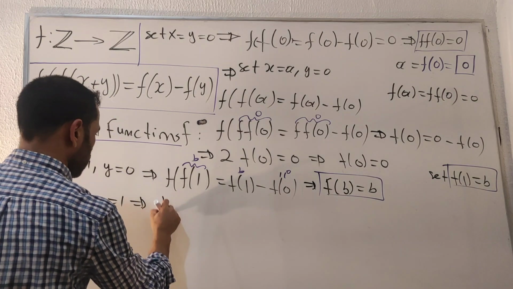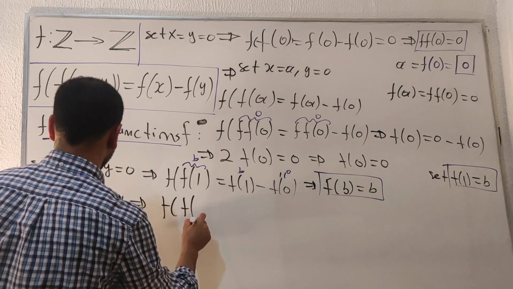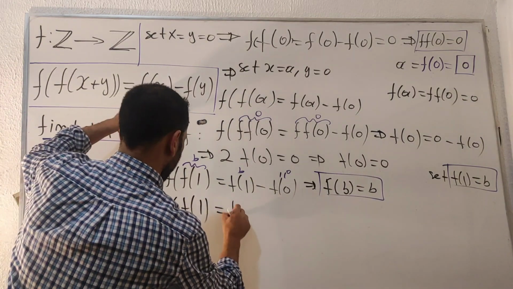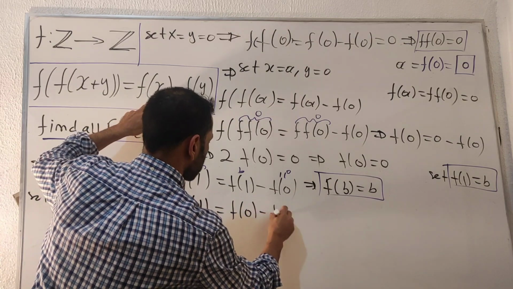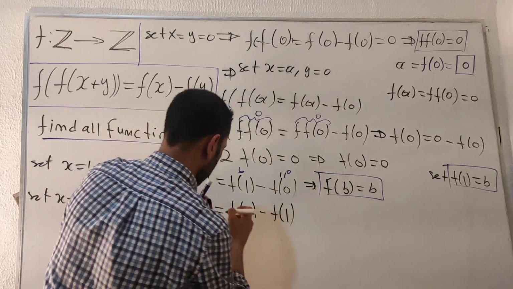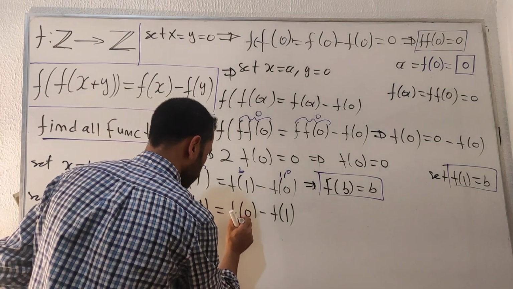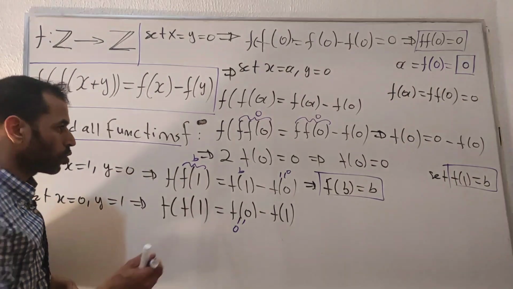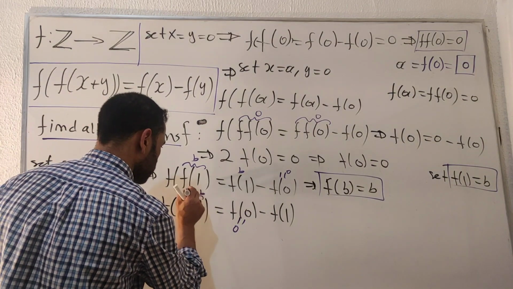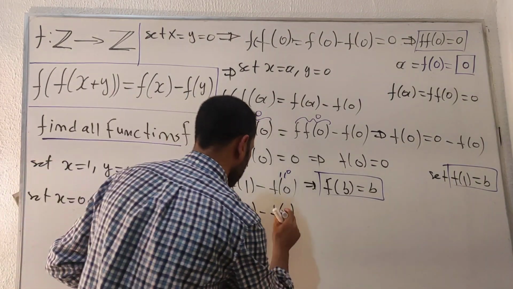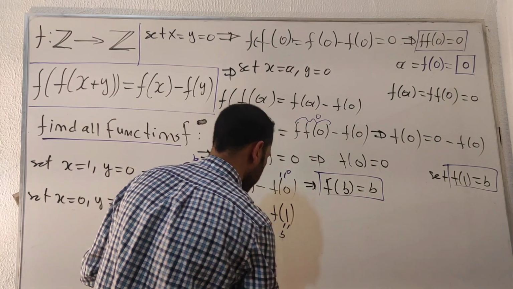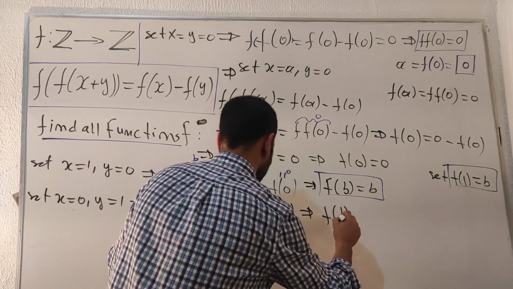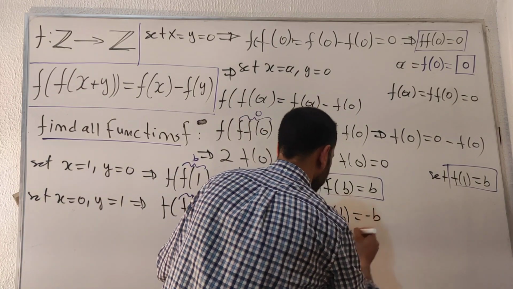I will have f of 1, the same thing here, equals f of 0 minus f of 1. We know f of 0 equals 0 because we already determined that it was 0. Also f of 1 will be replaced with b. So I will have the following: f of b equals minus b.